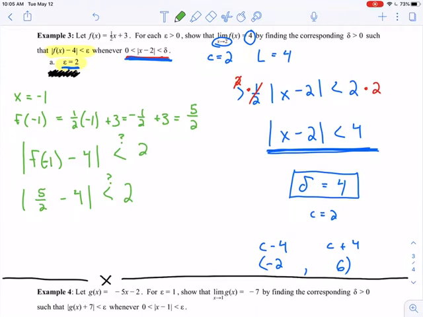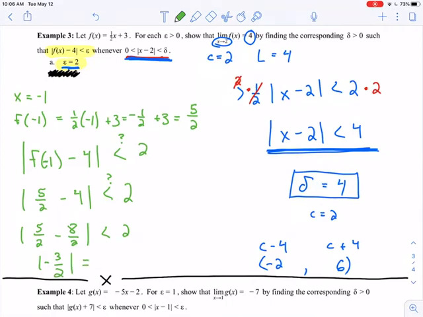5/2 minus 4. 4 is really 8 over 2, so I have 5 over 2 minus 8 over 2, which is negative 3 over 2. So in this case I have the absolute value of a negative number, which makes it positive.